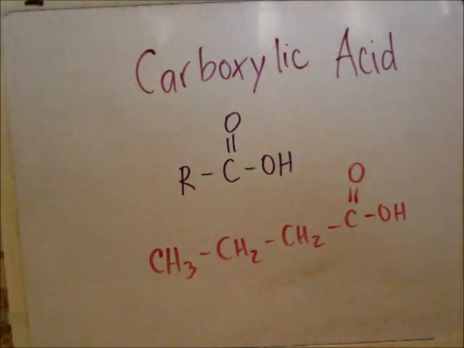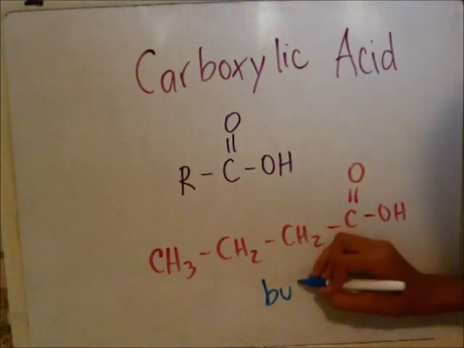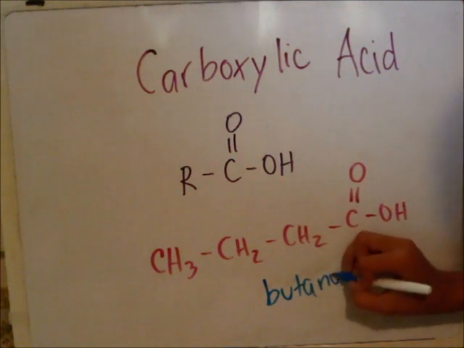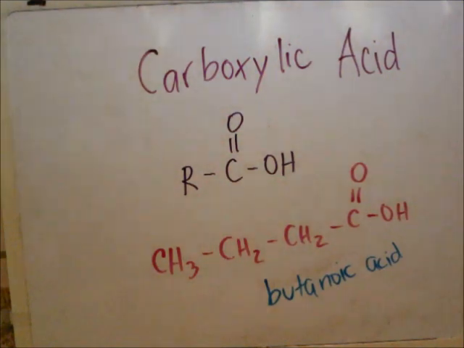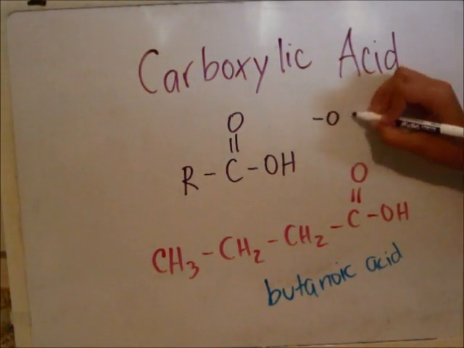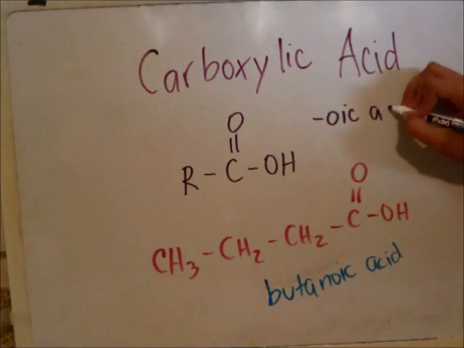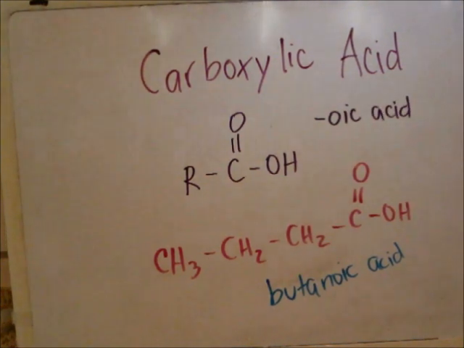Let me write that out for you. Butanoic acid. So as you can see, the ending for carboxylic acid is oic acid. Even though it's not carboxylic acid or something, that's what it's called. Okay, so we're done with carboxylic acid.